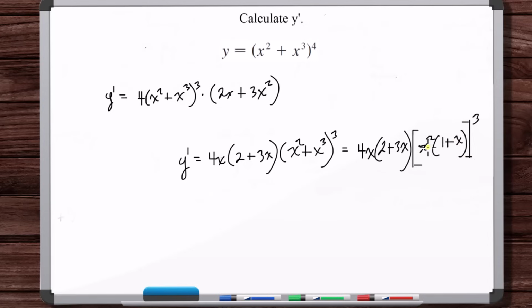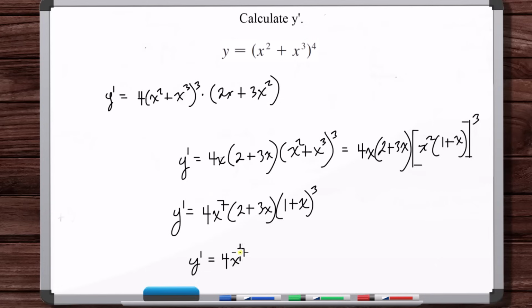Now this is x to the 6th, so we can get 4x to the 7th, and then I guess it's cleaner to put the x's first. It's all personal preference, but 3x plus 2. Yeah, there we go.